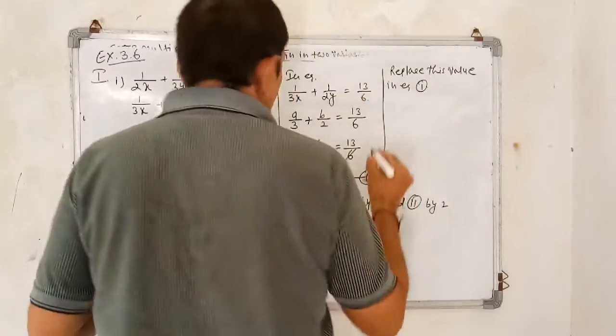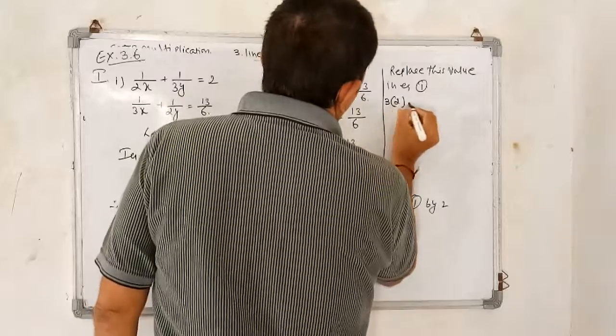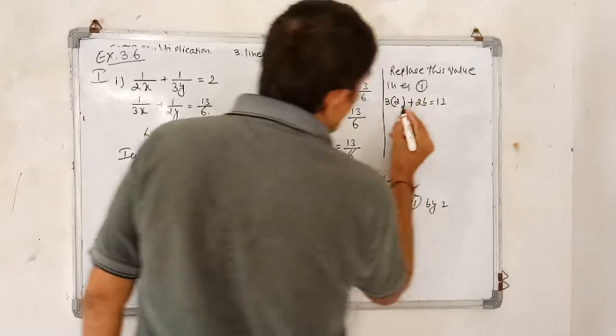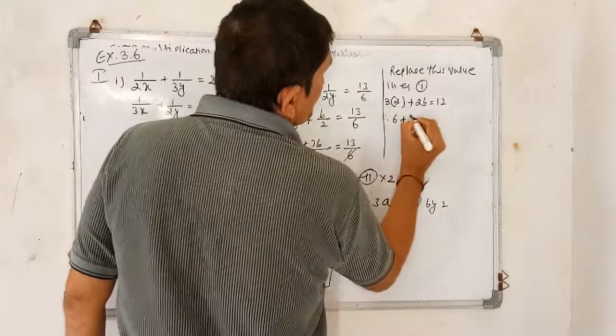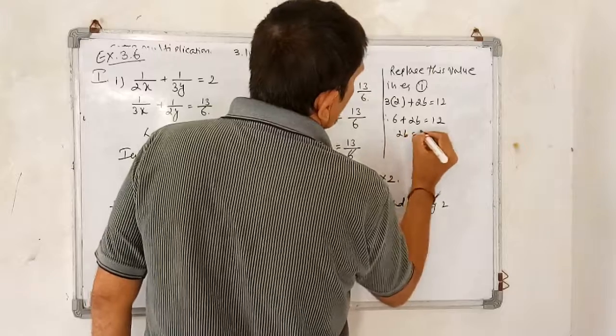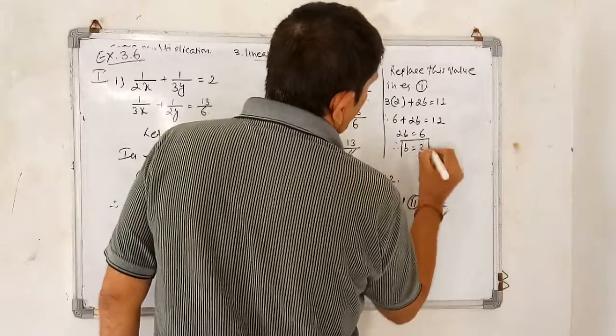Suppose in equation 1 we are replacing, so it is 3 times 2 plus 2b is equal to 12. So 6 plus 2b is equal to 12. So 2b is equal to 6 and therefore b is equal to 3.